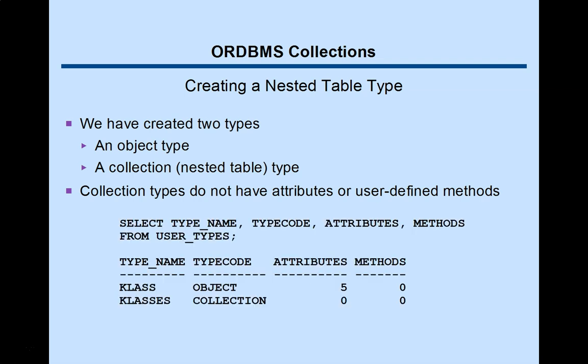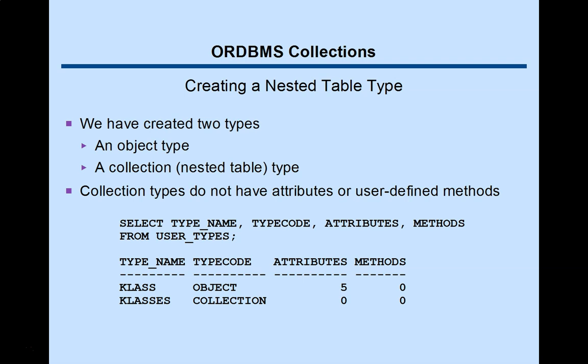If we examine the metadata about user types, the type name is class for our object type and classes for our collection, which is actually a nested table type.